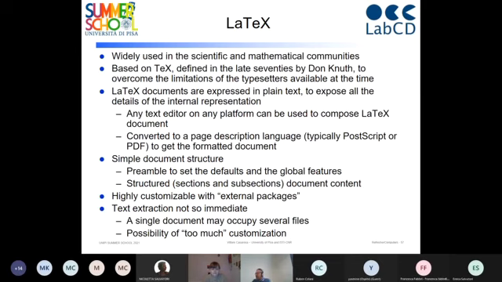In computer science and especially the humanities it is not much used. In chemistry and mathematics it is the most common language. Some journals accept a paper only if you submit it in LaTeX format, not in PDF. So it is very, very popular.